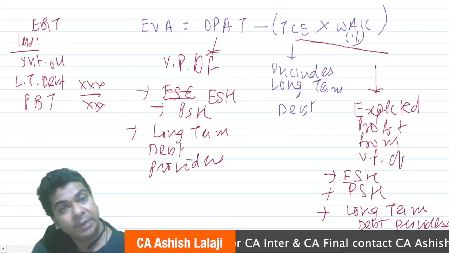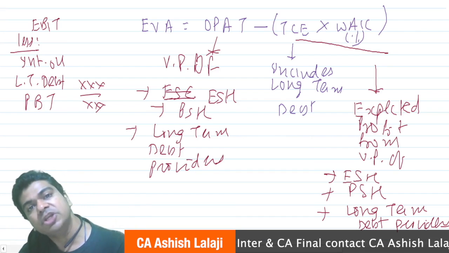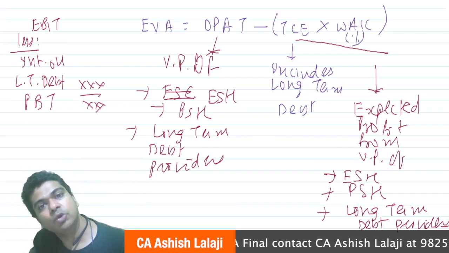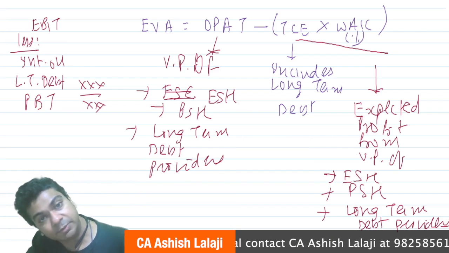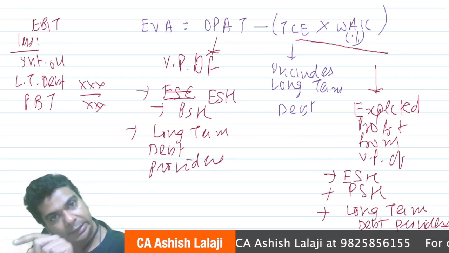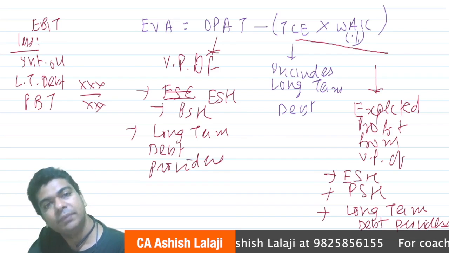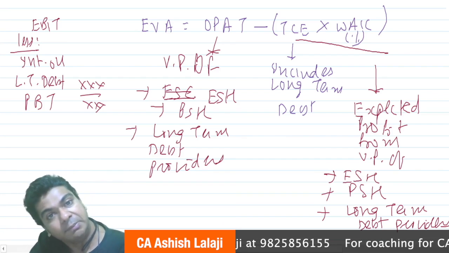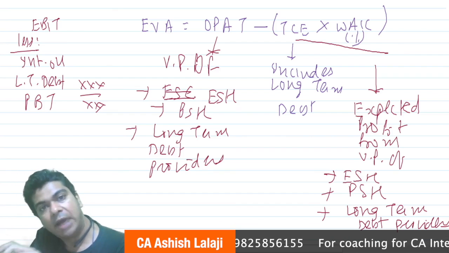Understand, this PAT is from the viewpoint of equity shareholders and preference shareholders. It is not from the viewpoint of long-term debt providers, because you have already deducted the interest that you are going to pay to them. This is the reason interest on long-term debt cannot be deducted. Otherwise, the two profit figures will not be comparable, right?